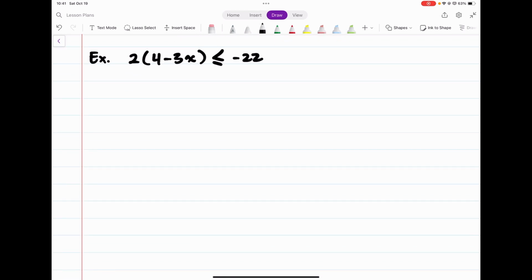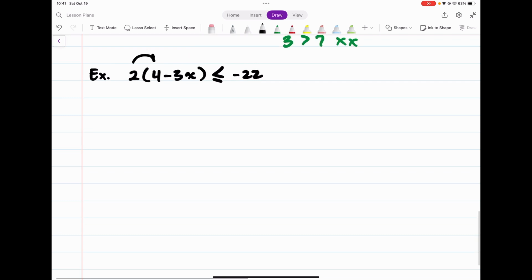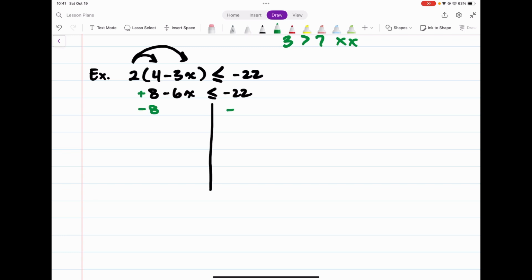Here we go. I'm going to use the method where I expand it. So I'm going to multiply these numbers in. I'm left with 8 minus 6x. The rest is the same. Now I could start trying to isolate it. The 8 is a positive there, so I have to do minus 8.